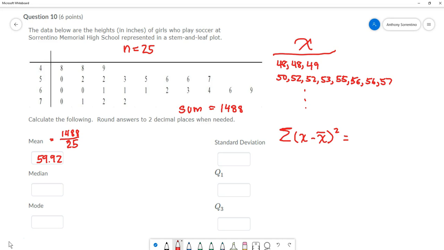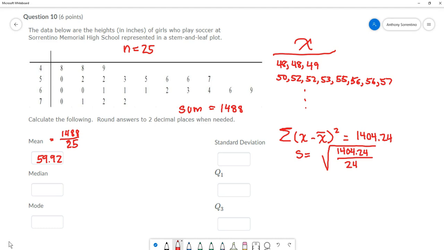So if I did that, I get 1,404.24 approximately, and therefore the standard deviation would be the square root of that over 24, which is n, which is 25, minus 1.